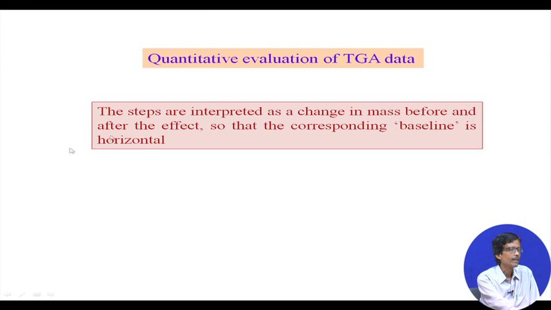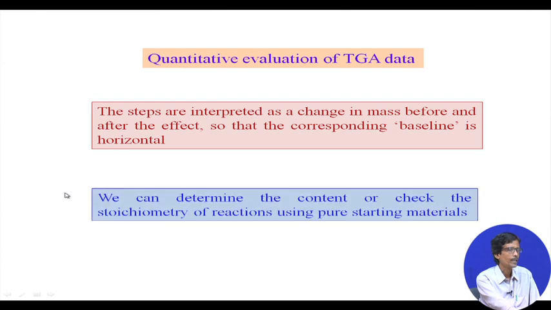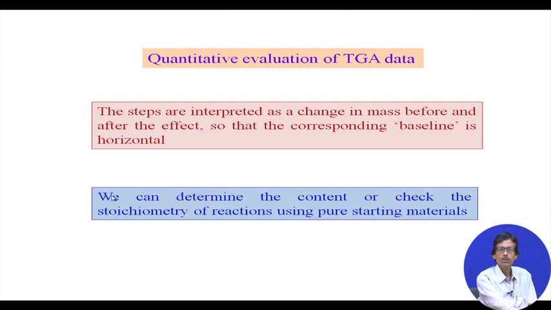So, this baseline thing, that means before and after we should have the baseline, which should be horizontal in nature. Then what we can do is check the stoichiometry of the reaction using pure starting material. Sometimes, whatever precipitate we have, as I told you, in case of precipitation of calcium oxalate or magnesium oxalate, externally we add oxalate salts as the sodium salts, add all these to the corresponding beaker, and we get the precipitate of calcium oxalate or magnesium oxalate.